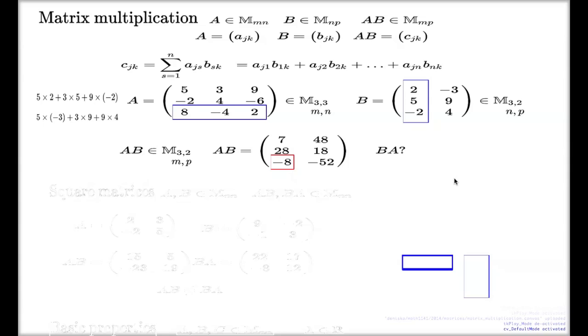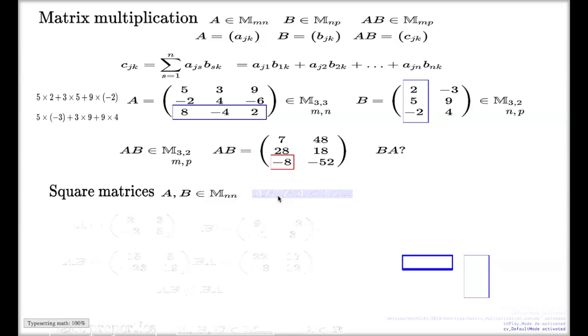In fact, my next example will prove you that even if it does make sense, even if you choose the dimensions of your matrices in a way that both products AB and BA make sense. For instance, you can start with a square matrix, so the matrix which has identical number of rows and columns.